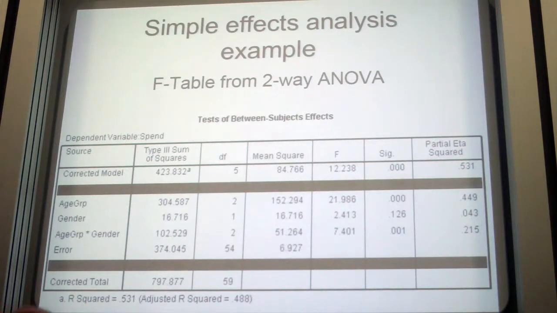Okay, what do we do then with a 2-way ANOVA? So this is some data of the money that was spent going to a cinema. It's fictitious data. And we have different ages. So you look at children under 16, those 16 to 18, or 16 to 21, and adults, parents.